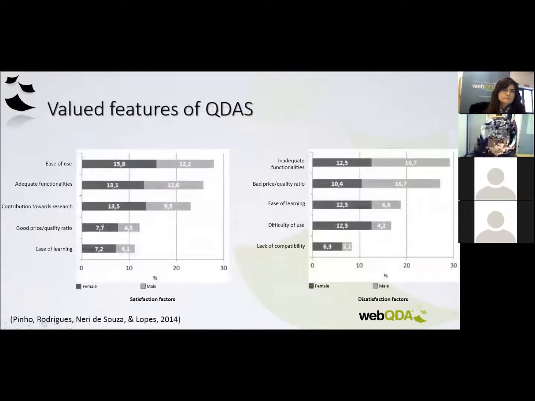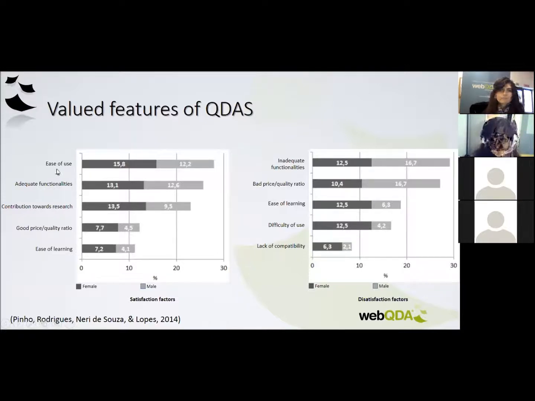In this particular 2014 study, we have the elements of QDAs that satisfy users when they choose a specific tool, and on the right side we have these satisfaction factors. So what is important when we choose a software?